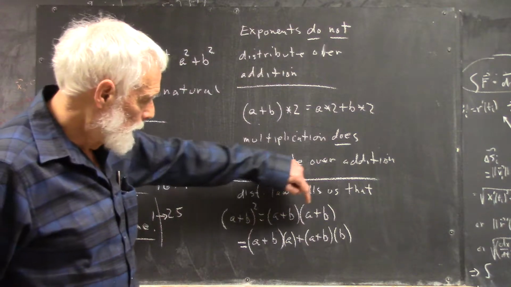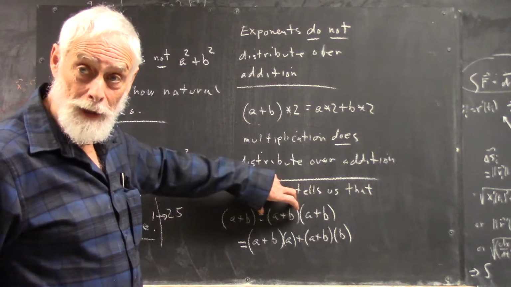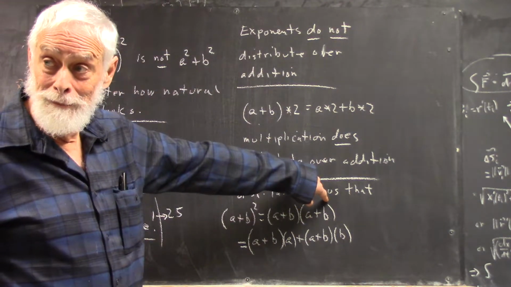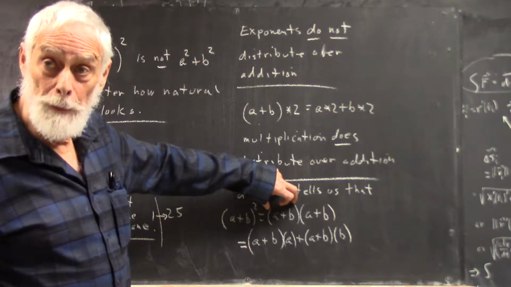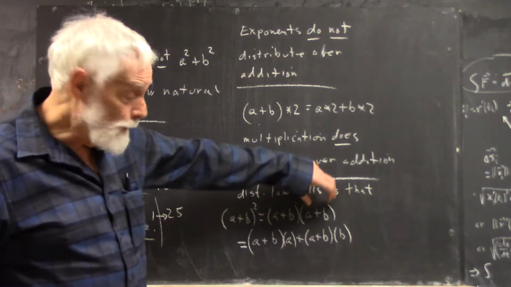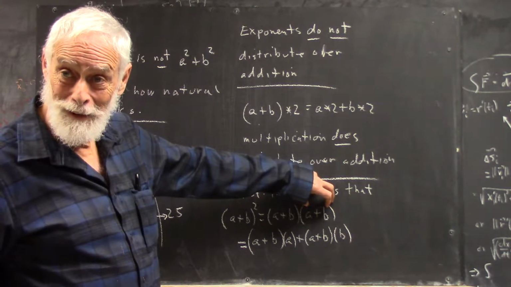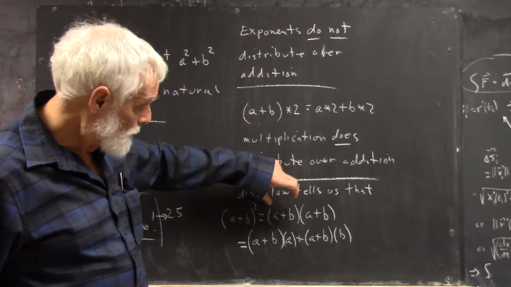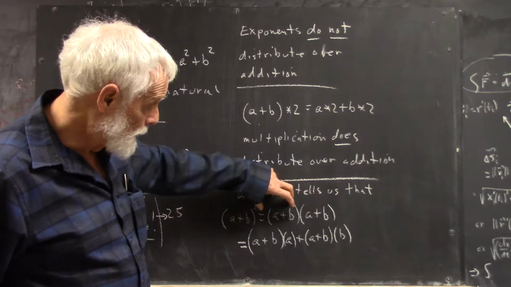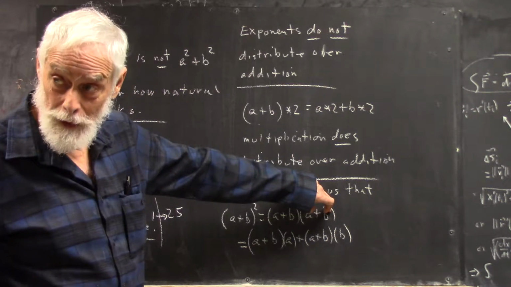Well, it's (a plus b) times a added to (a plus b) times b, right? That's the way numbers work. A plus b is just some number, right? Doesn't matter that this is the same number, okay? Whatever's here is going to equal this times this plus this times this, okay?